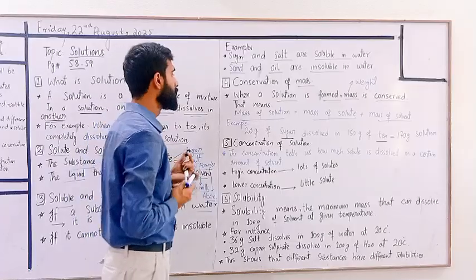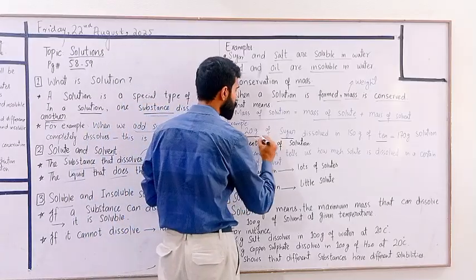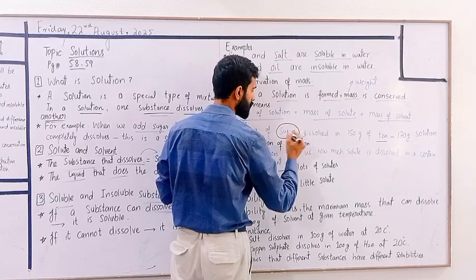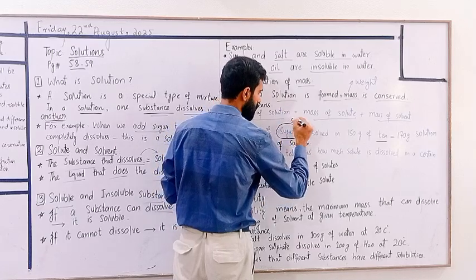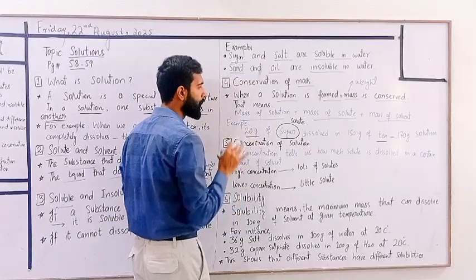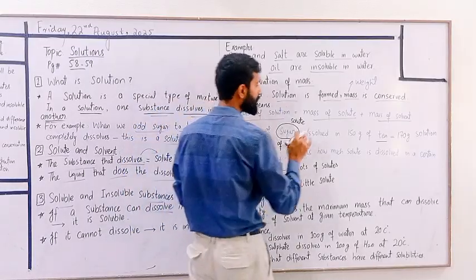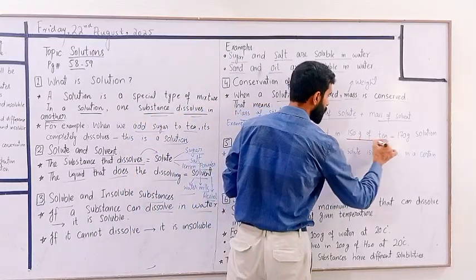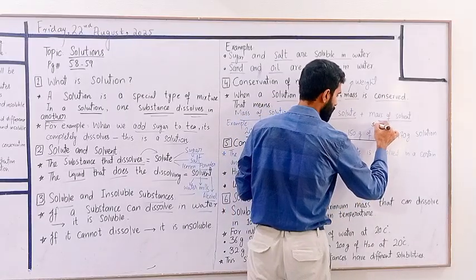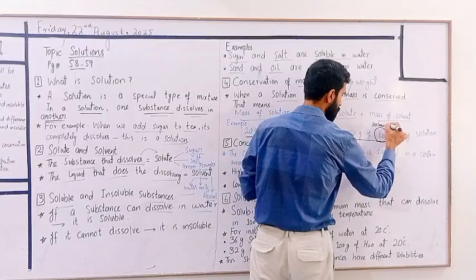For example, we have 20 gram of sugar. Sugar is the solute because it dissolves. It dissolved in 150 gram of tea. Tea is the solvent.